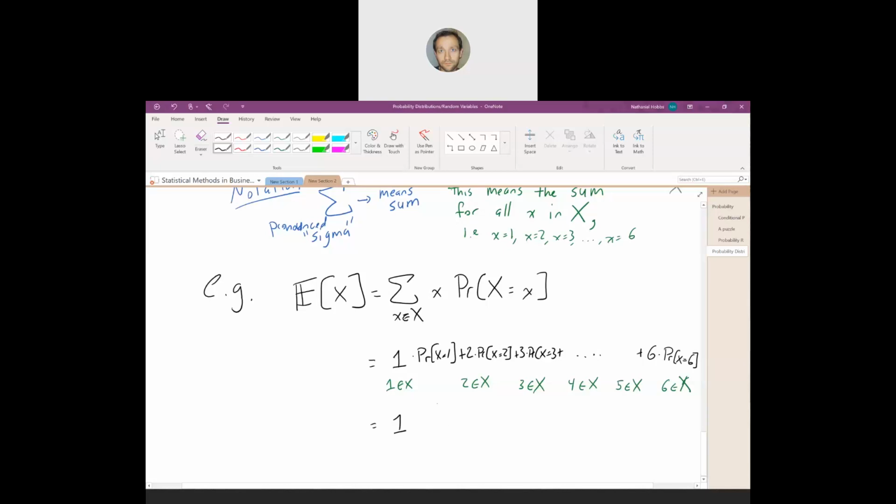So the probability that x equals 1, that's 1/6. The probability that x equals 2 is also 1/6. Sorry, I'm adding these. All the way until 6 times the probability that 6 is this, which, as we've already said, is 3.5.